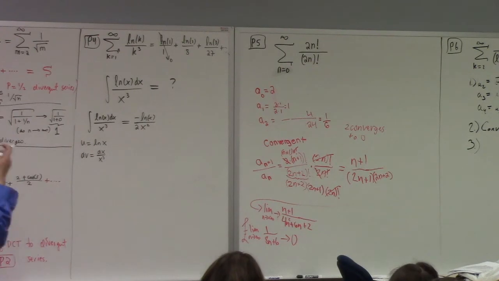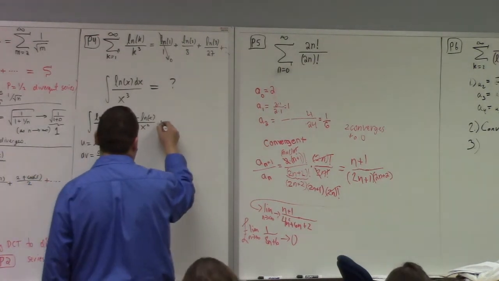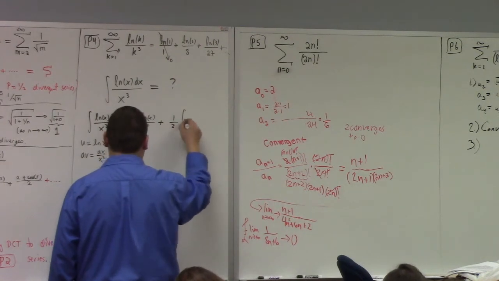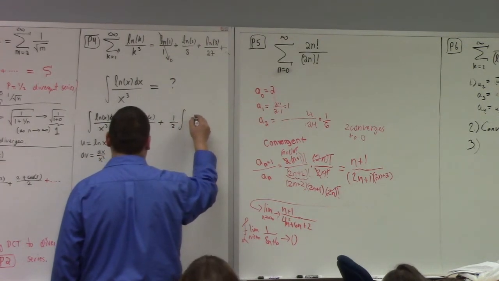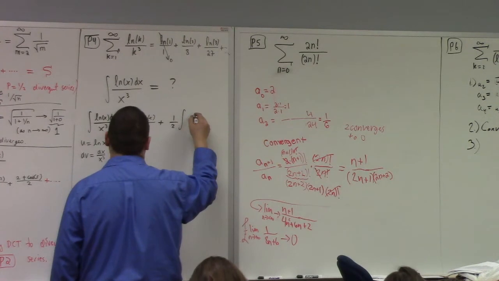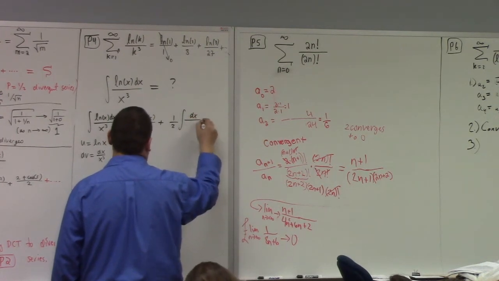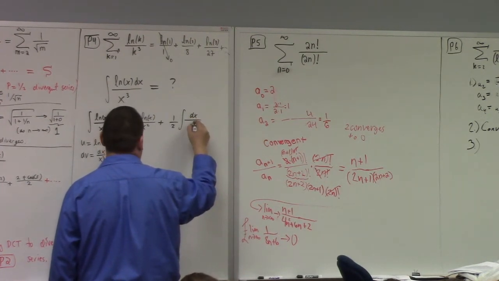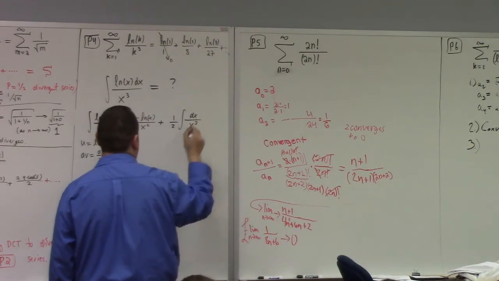Integrating 1 over x cubed gives me minus 1 over 2x squared. So then plus 1/2 integral of v du, which in this case would be dx over x cubed, I think.